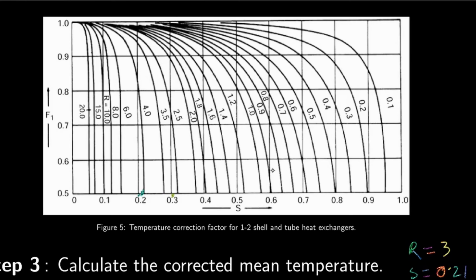And we see R equals 3, there is no line for R equals 3 here. These lines are for different values of R. So we have lines for R of 2.5 and 3.5, so it will be something in between. We can assume a line in between and draw a line here.